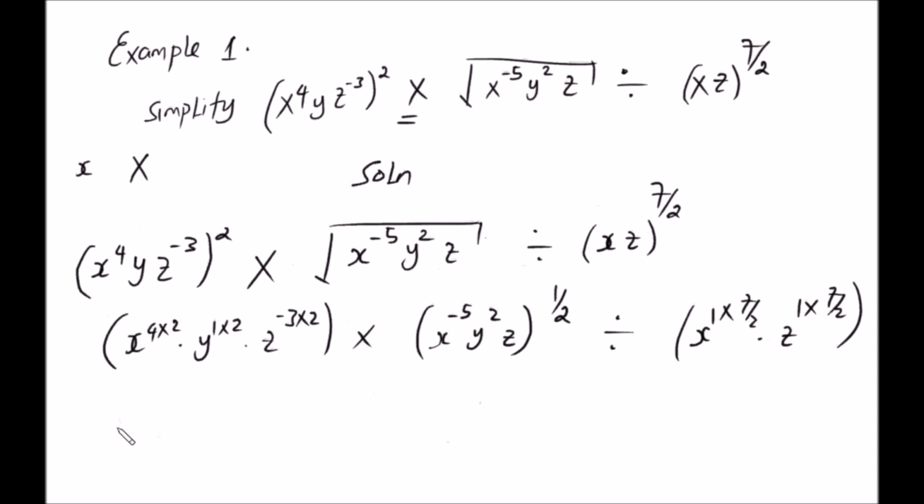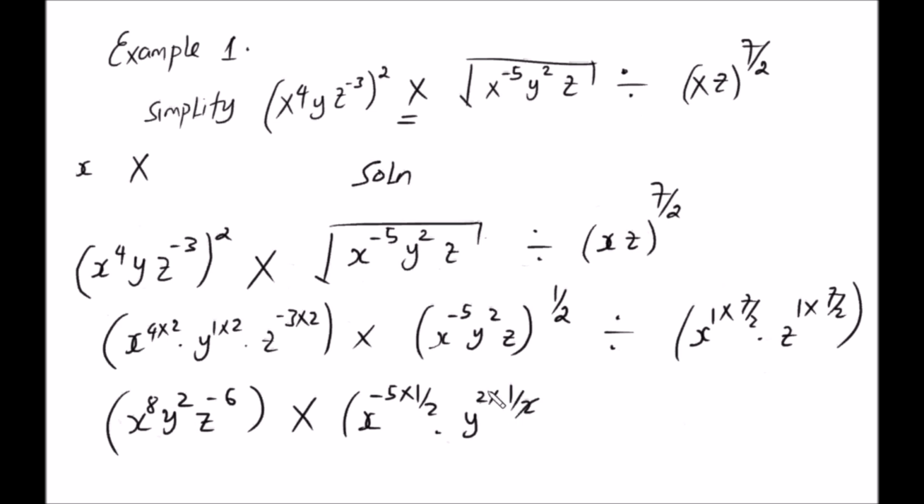So tabaki na nini? Tutakuwa tuna x power 4 times 2 ni 8, 1 times 2 ni 2, negative 3 times 2 ni negative 6. So all of this now times, so tuingiza hiyo half ndani, x power negative 5 times half times y power 2 times half ambayo itakuwa 1 times z power 1 times half. So all of this divide by what? Divide by x power 7 over 2, z power 7 over 2.